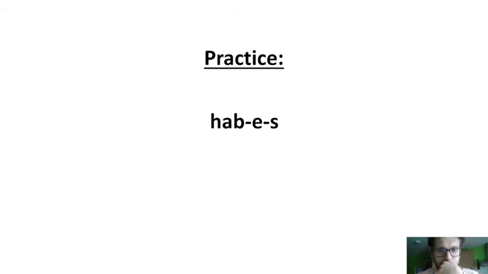Habes, second person singular. Haberis, very good, hopefully. Next one. Debet, becomes, you can see it, debetur.